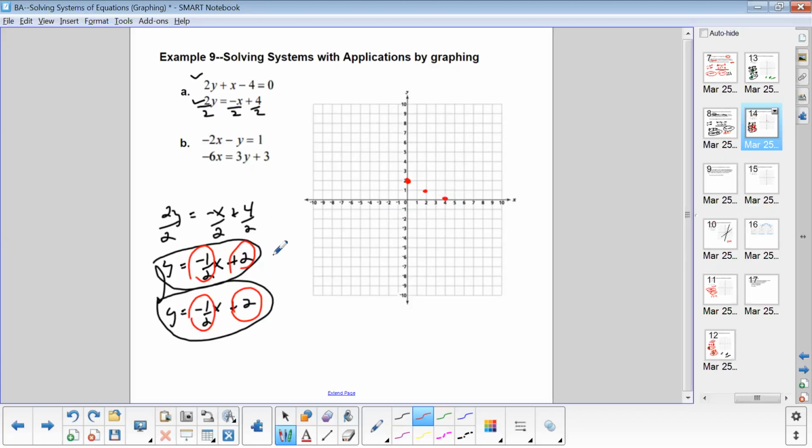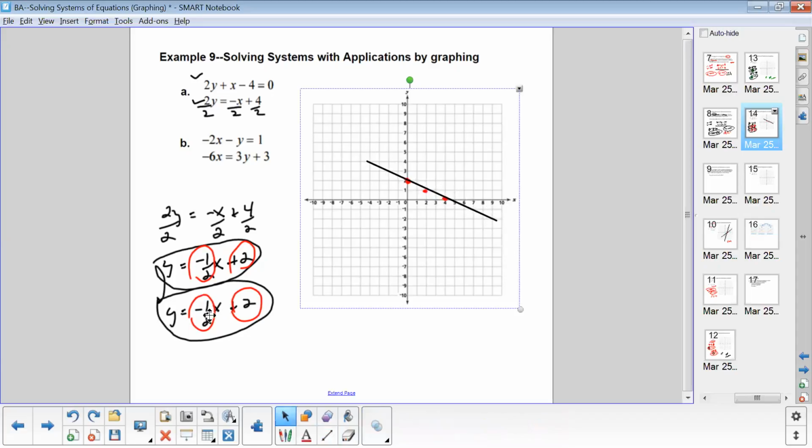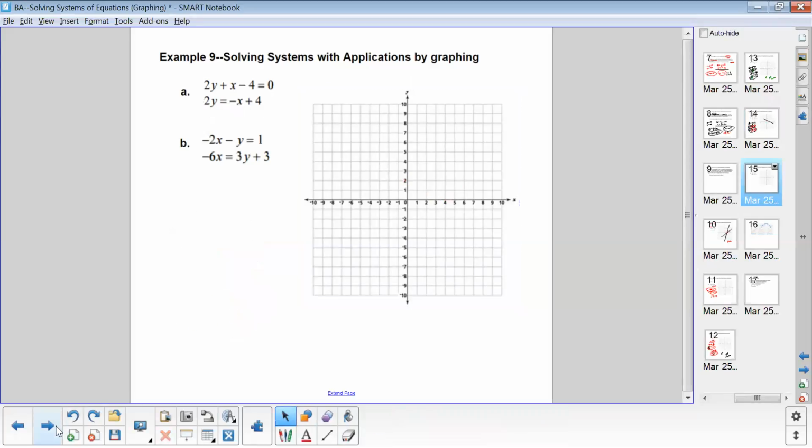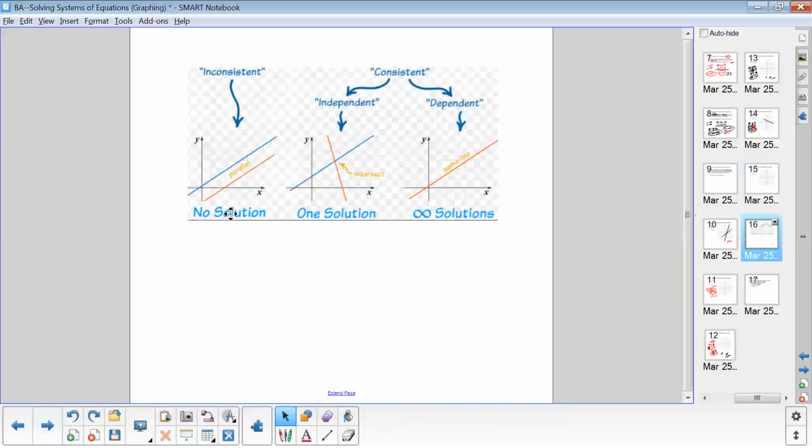So this will be this first equation. But if I go to graph the second one, it would be just right on top of one another. So this is your example of the same equation, so it would be a consistent dependent system, which would represent this here.